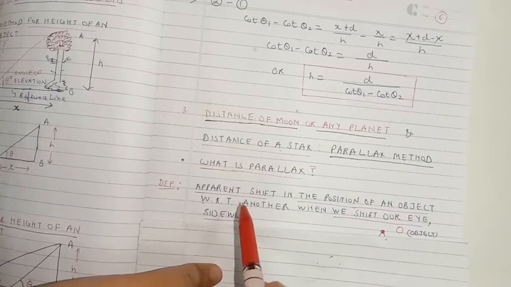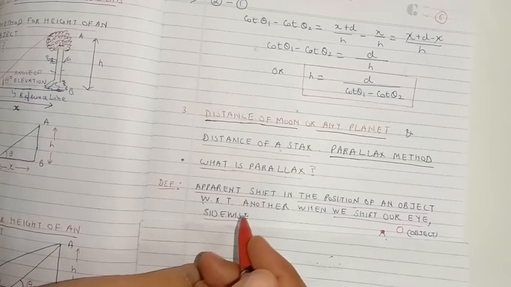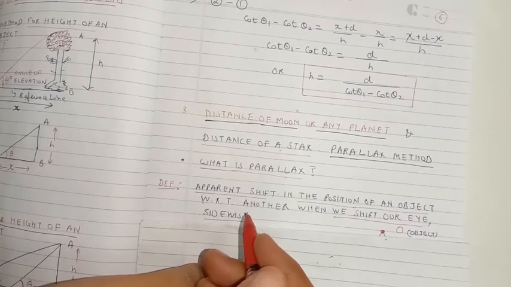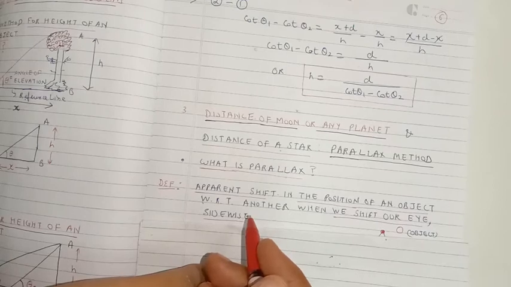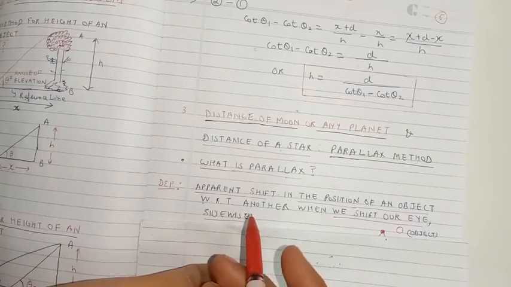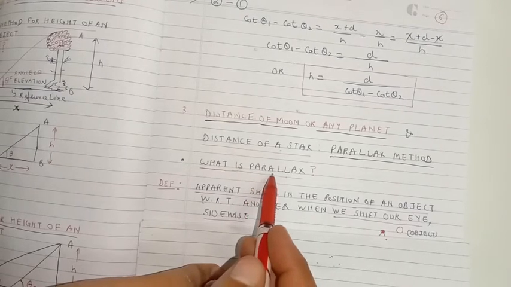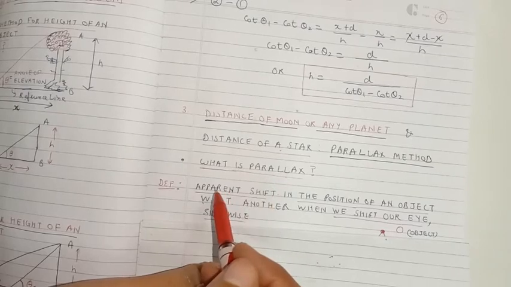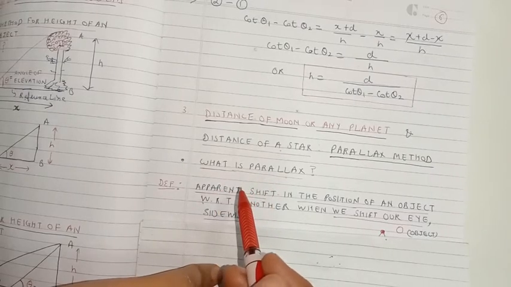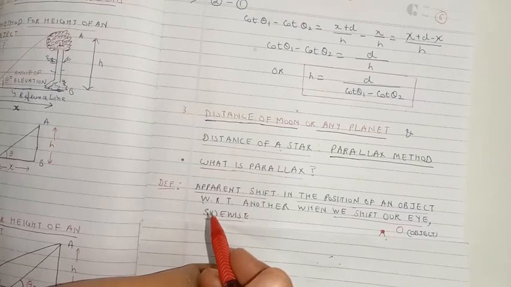And this parallax is also present in our optical instruments. For example, when we use astronomical telescopes to observe distant moons, planets or stars, there is a huge amount of parallax present in our observation, due to which we are not able to determine their exact location with great accuracy.